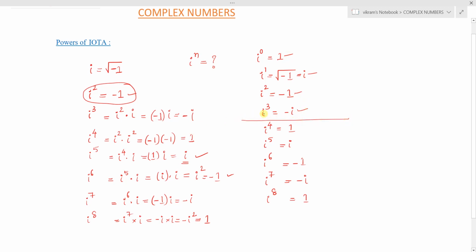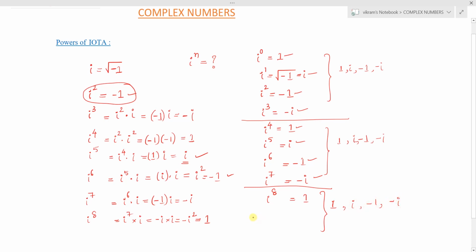Next again we get 1, i, -1, -i. Then again 1, i, -1, -i, and the same will repeat.